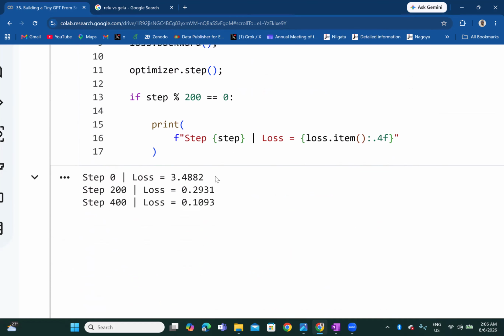So at step 0, loss was 3.4882. Step 200 is now 0.2931, so it's dropping. Step 400, 0.1093. Step 600, 0.0707. Step 800, 0.797. Okay, this is leading to a bit of fluctuation. It's been dropping, and then it finally dropped better to 0.0629.